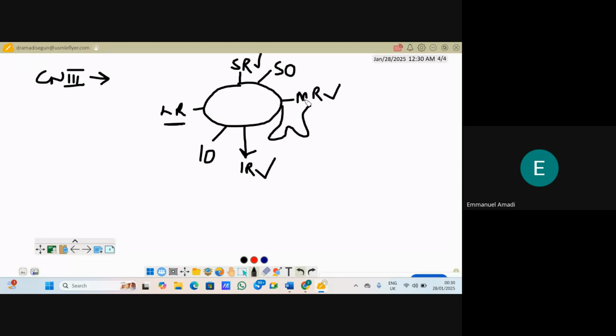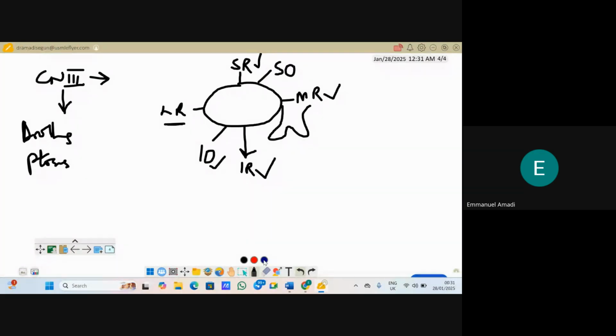The other thing it does is the inferior oblique. So these are the four your cranial nerve 3 controls. If cranial nerve 3 is damaged, the person will have drooping of the eyelid and the eye will be deviated. That is ptosis. The person will have ptosis and a drooping eye. That is what a cranial nerve 3 palsy will give you.